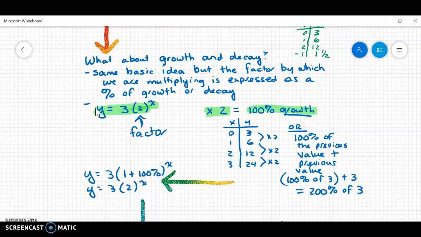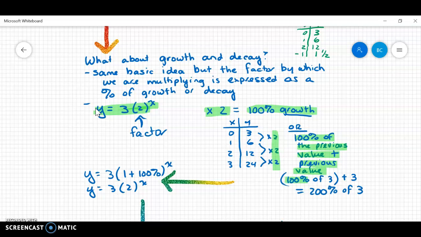So here's my times 2 each time, but I could also say that that's 100% of the previous value plus the previous value. So for example, if I'm going to start with 3, I've got 100% of 3, which is 3, plus the original 3, and that ends up being 200%.